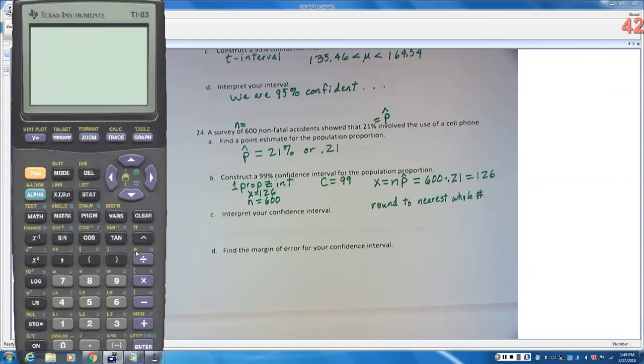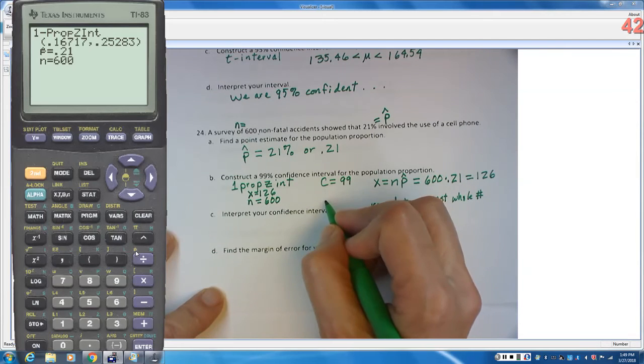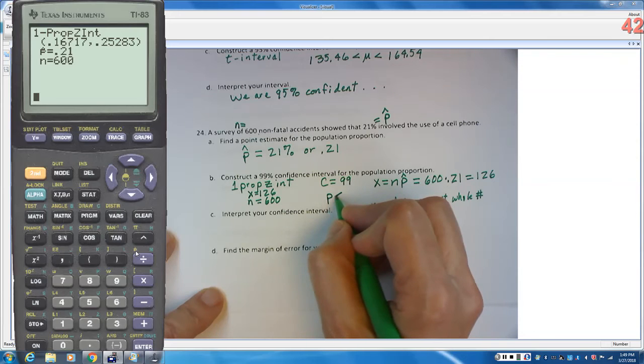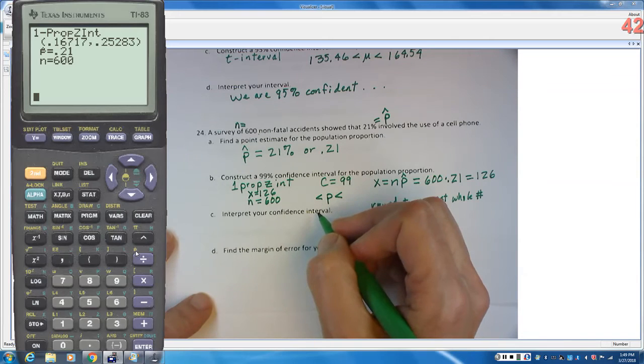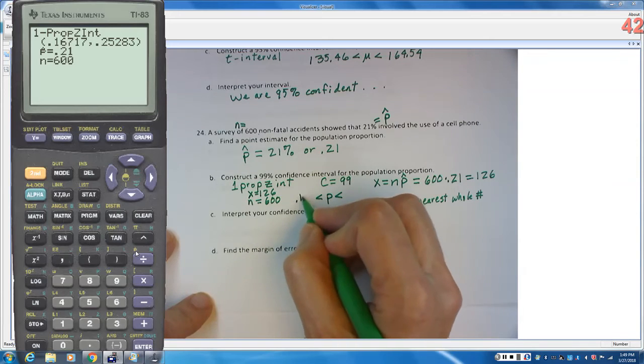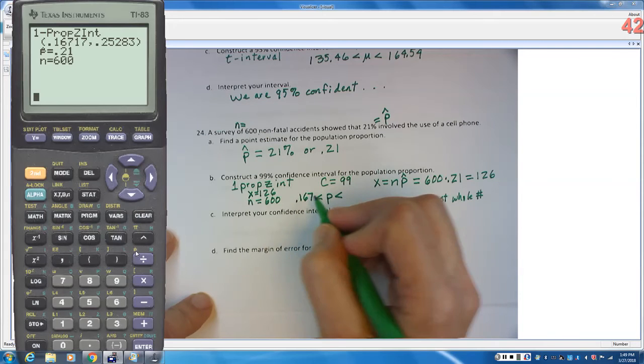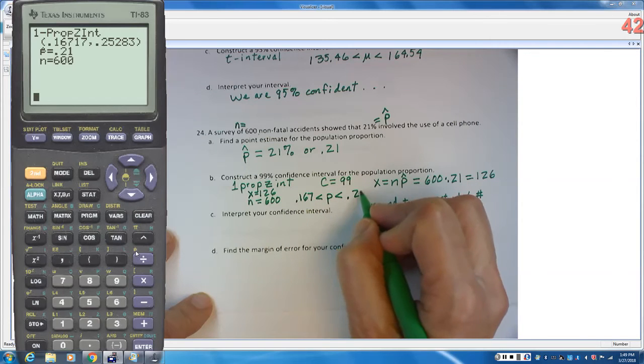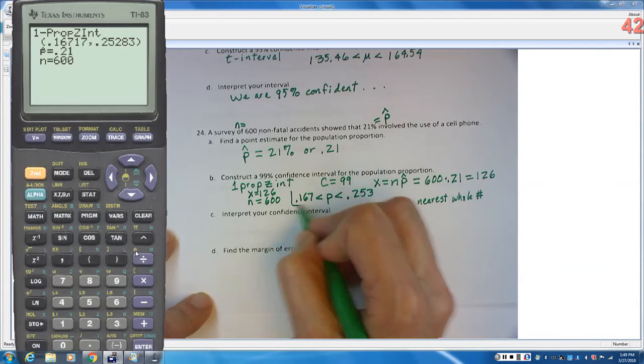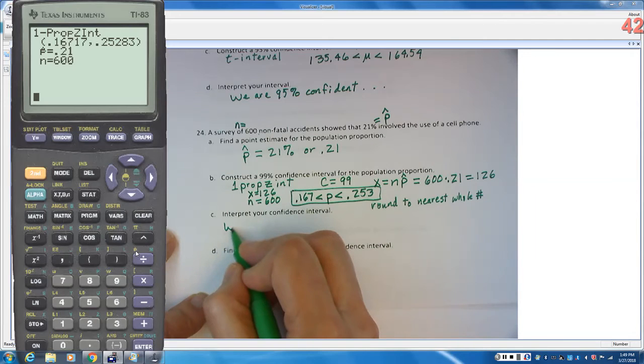Calculate. It comes right back and tells you, since this is for a proportion, p is between 0.167 and 0.253. You're going to interpret your interval.